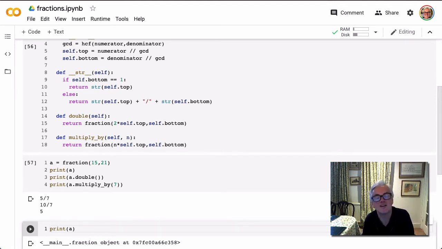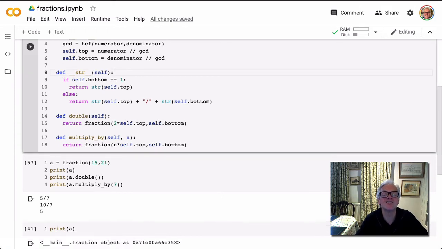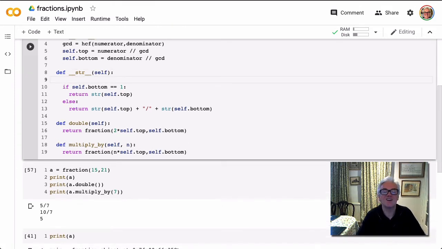You could do a similar sort of thing here if you wanted. You could display 10/7 as 1 and 3/7. Let's do that now. Sorry, I get excited about these things. So if the self.bottom is greater than self.top, we'll leave that.